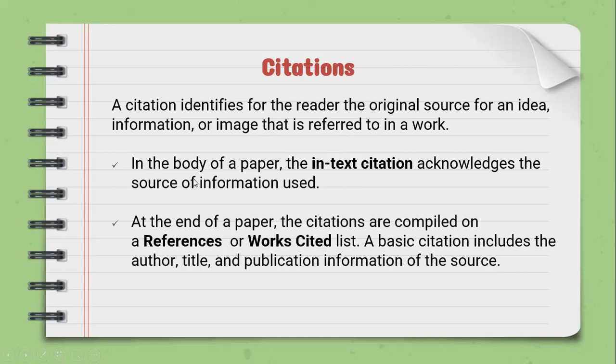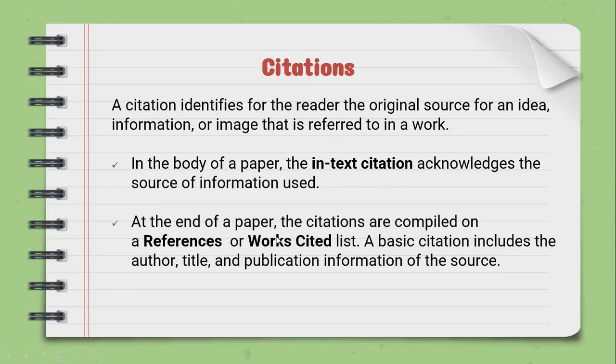There are two sections. The first is the in-text citation. It means that within the paragraphs or sentences, or at the end of the paragraph or the end of the sentence, you can cite.